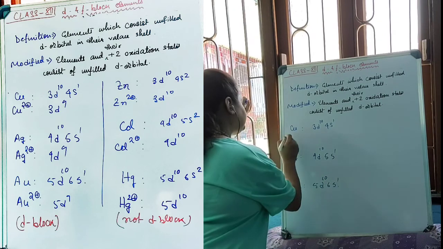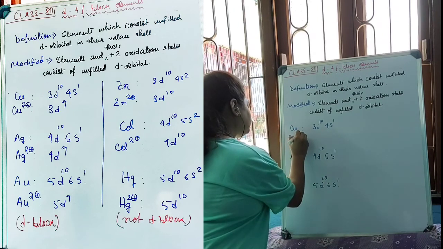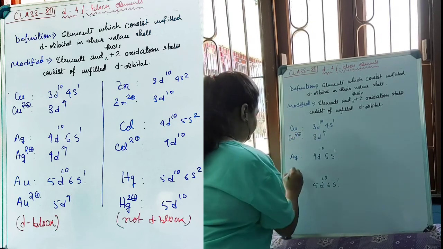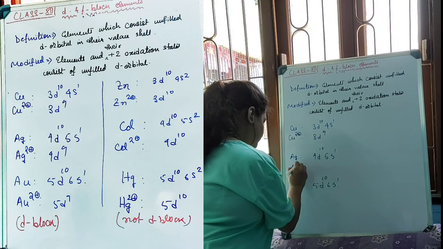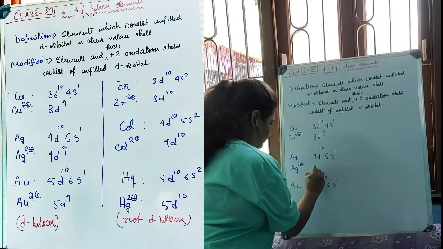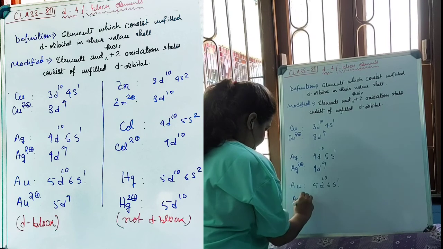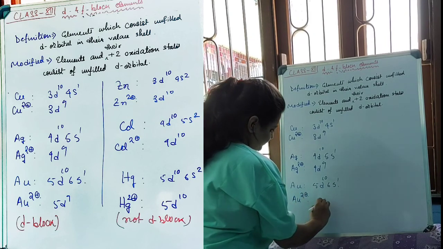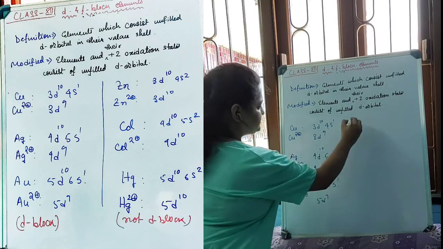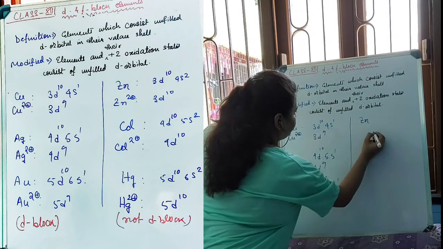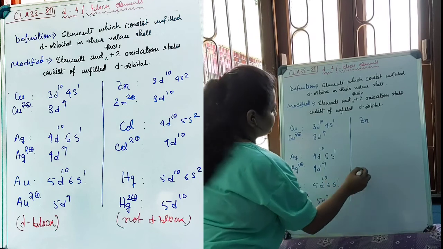The +2 oxidation state of copper, that is copper 2+, will be 3d9. For silver 2+ it will be 4d9. For gold 2+ it will be 5d9.